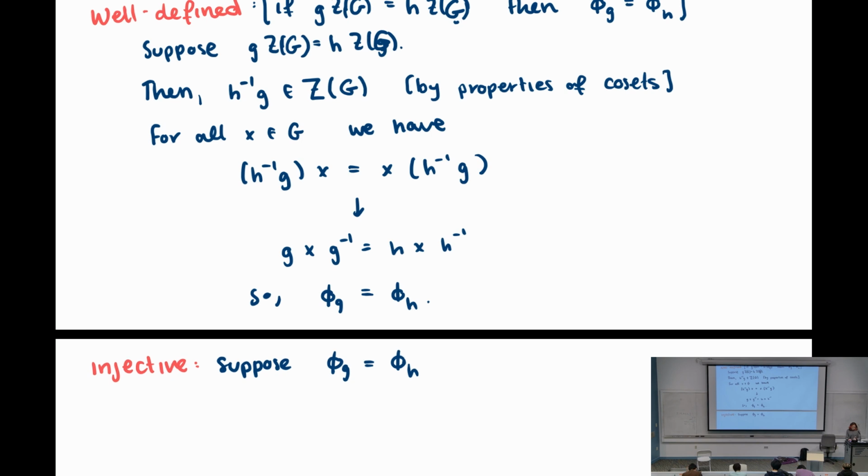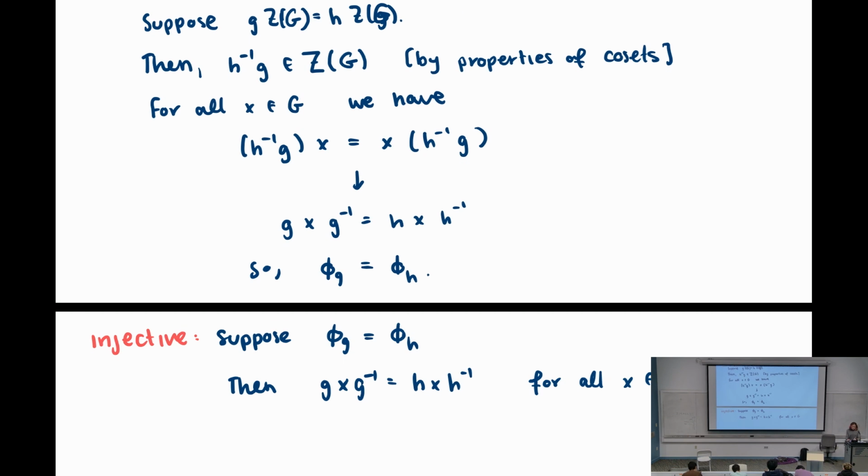So that means that g x g inverse is equal to h x h inverse for all x in G. Then rearranging this equation, that tells me that h inverse g x is equal to x h inverse g.